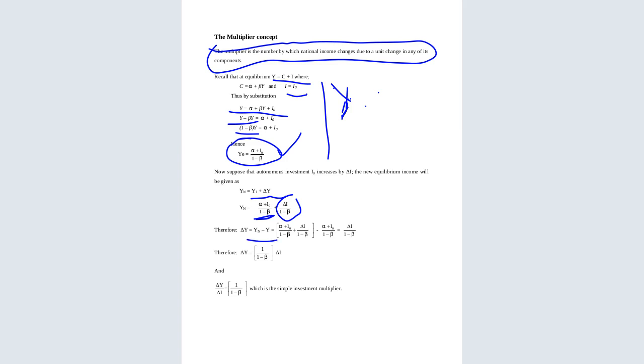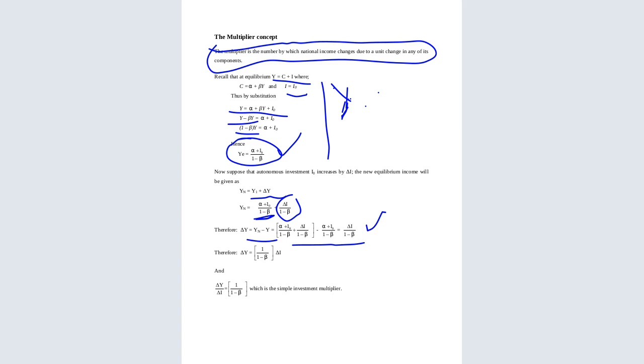If you factor out this now, you find the change in investment over 1 minus beta. If you deduct this and open up the brackets, this is what you get.